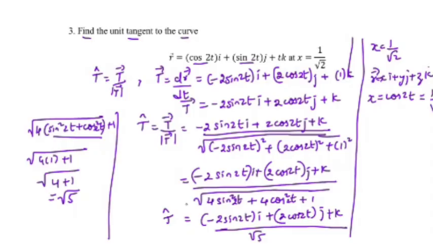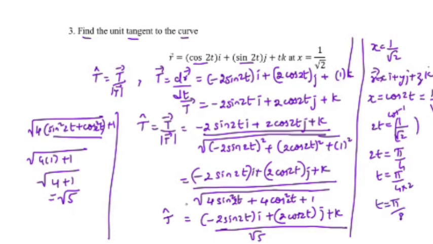So cos 2t equals 1 by root 2, and 2t will be cos inverse of 1 by root 2, which is pi by 4. If this 2 goes to the denominator, t will be pi by 8. So we get a t value as pi by 8.